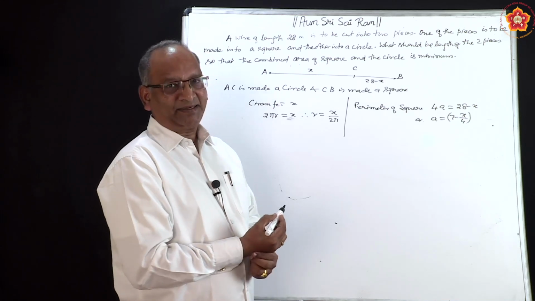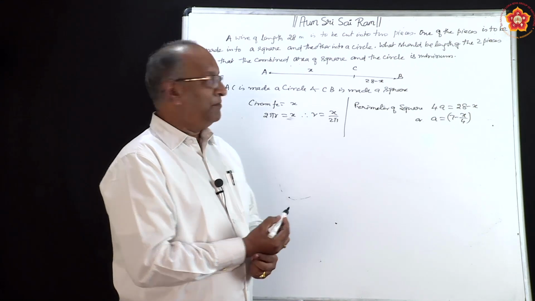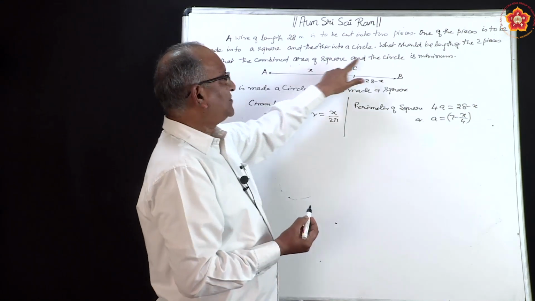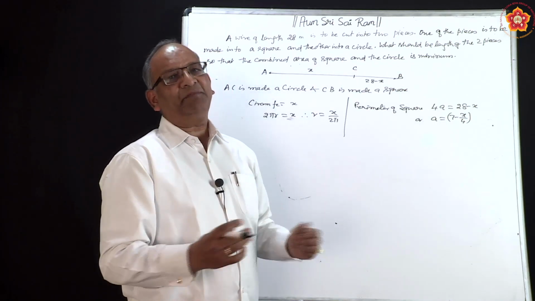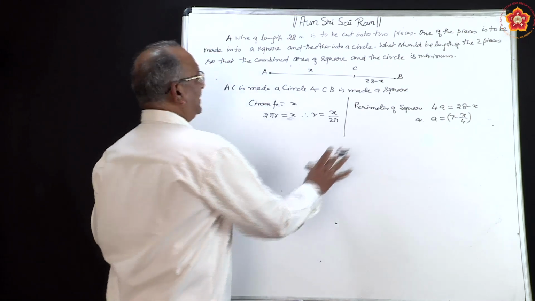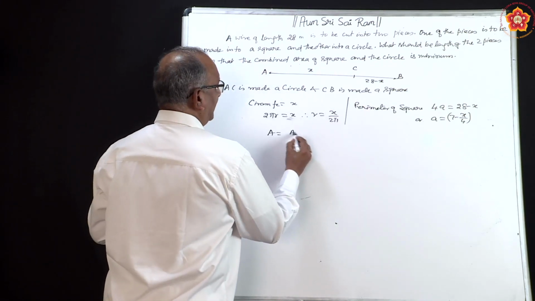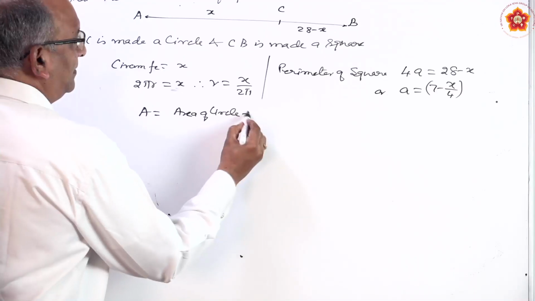What he is asking is, once you make a circle and a square, make sure that the combined area of the square and circle is minimum. So what is the function? The function is nothing but area. What is the total area? A is equal to the area of circle plus square.